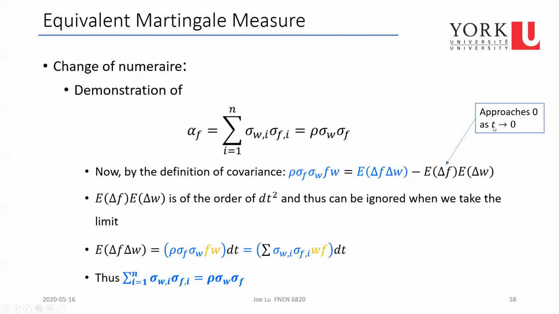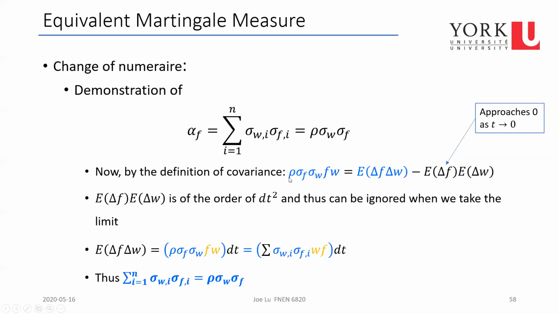As you shrink that time period, your dt is shrinking to 0, and the second order dt squared is shrinking faster than dt, so it's a higher order term that drops out.